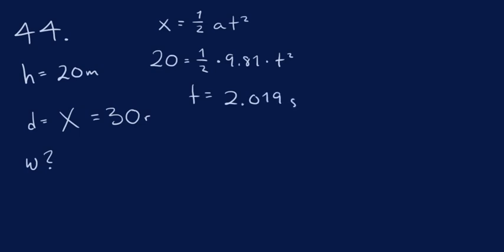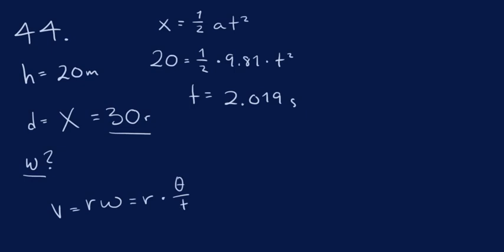So for this problem, we want to find an angular speed, but our displacement is not angular. So we have to work with v equals r omega, and that's equal to r times theta over t. And I'm wanting to get rid of that theta.